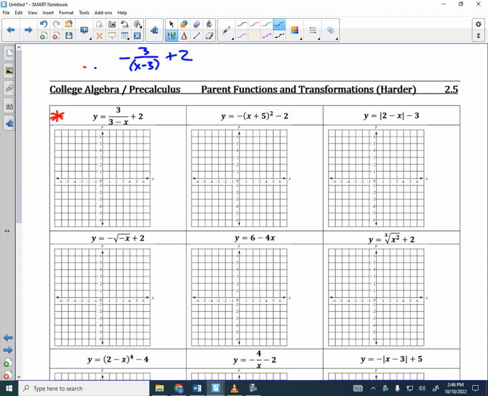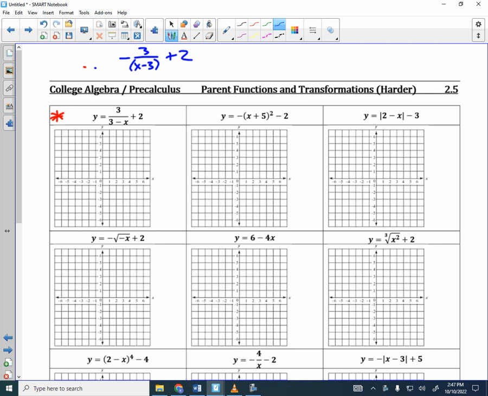I just want you to understand that every function is a little bit different. But when you factor the negative out, whether the negative is on the bottom or the top or out front, the point is there's just one negative. It could be located at the top, the bottom, or out front. It has the same impact.